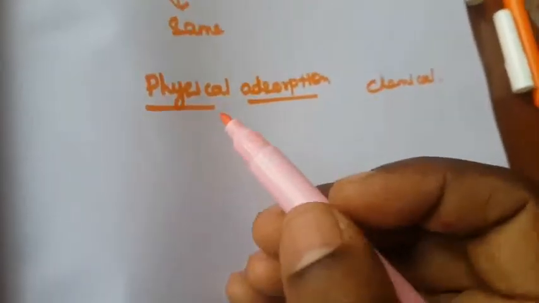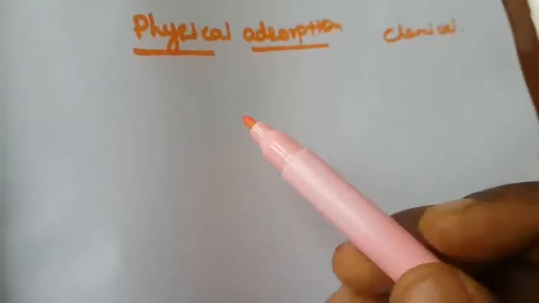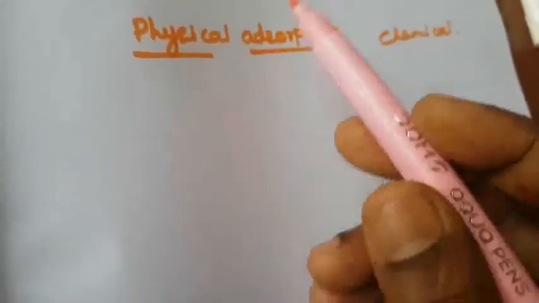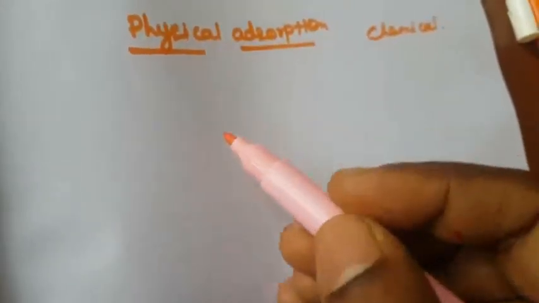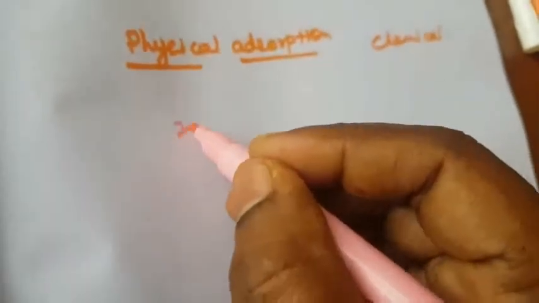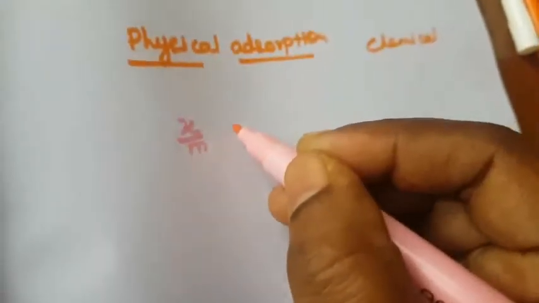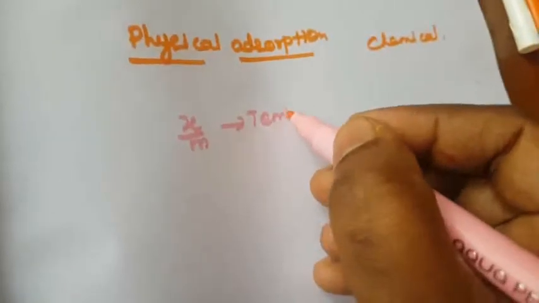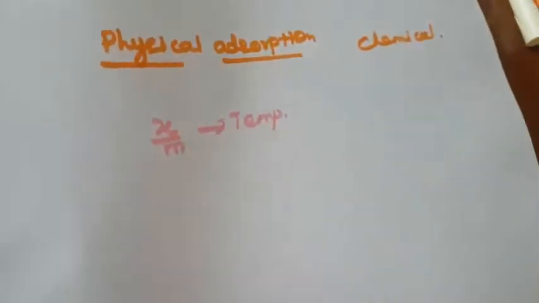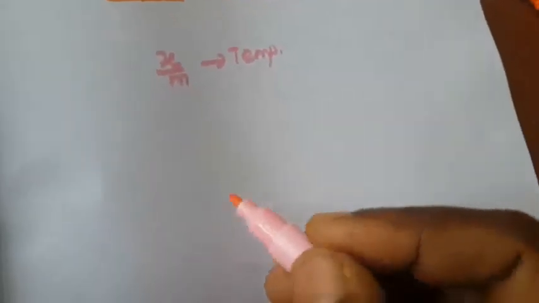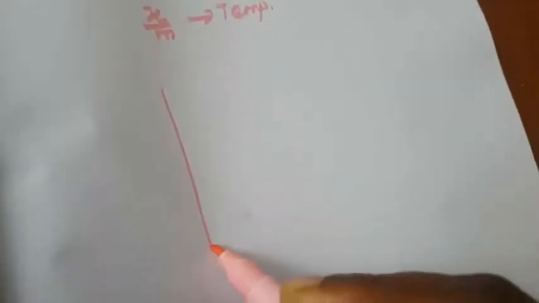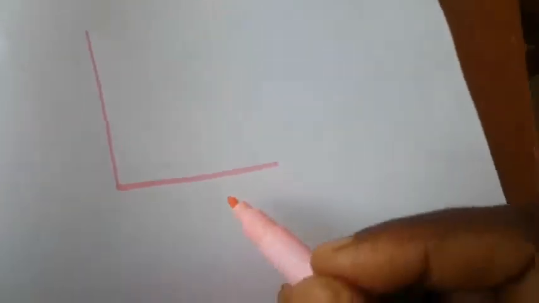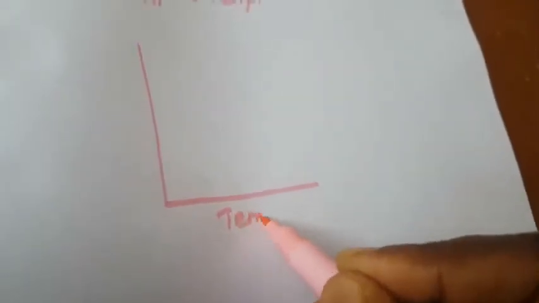First, in physical adsorption, we plot x by m against the temperature. Here is the graph, temperature plotted against x by m.